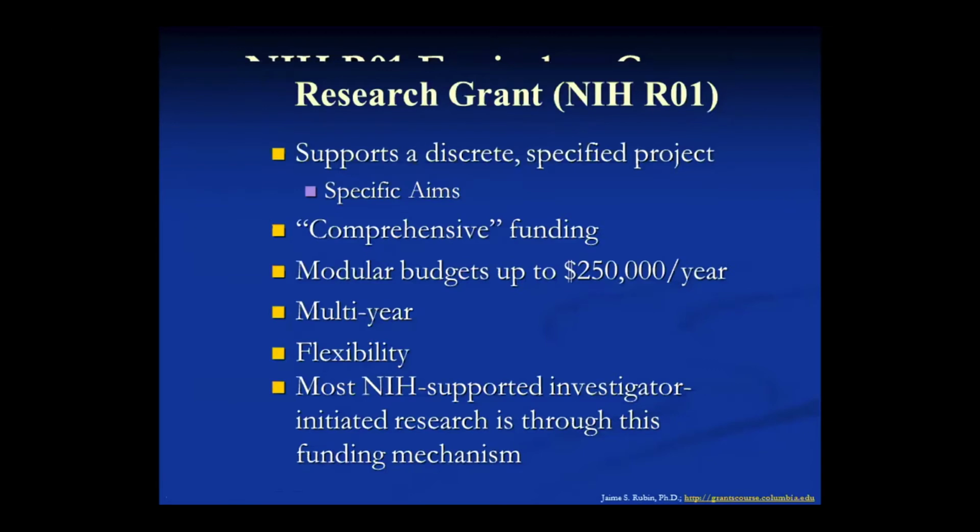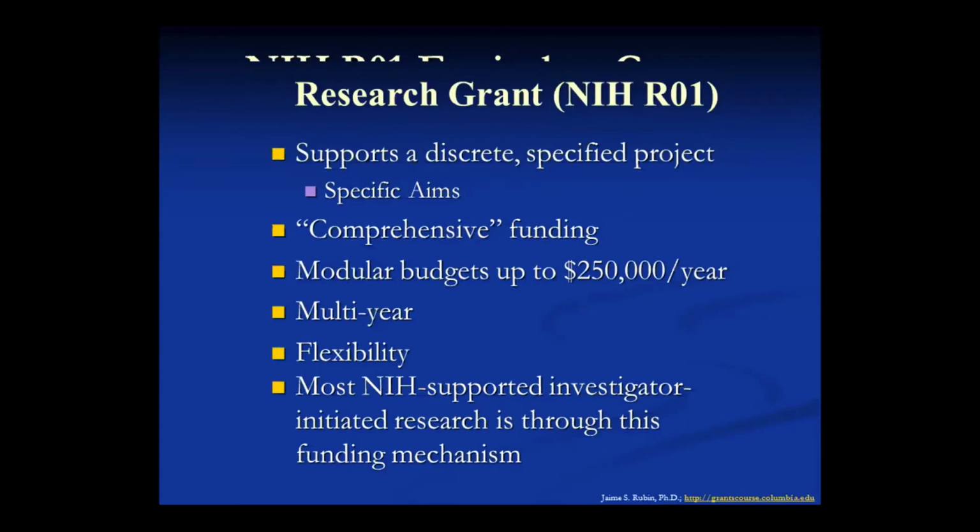So the R01 supports a specific discrete project, and it's focused around this formal term of specific aims, which I'm going to discuss further. You should request funding to comprehensively support the research that you're going to propose.